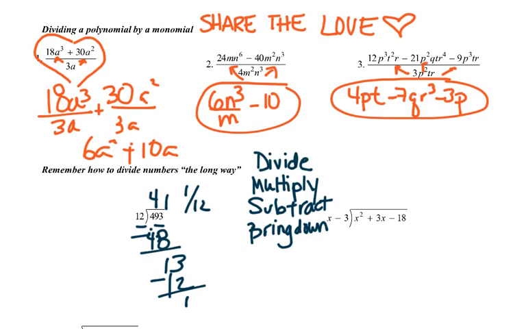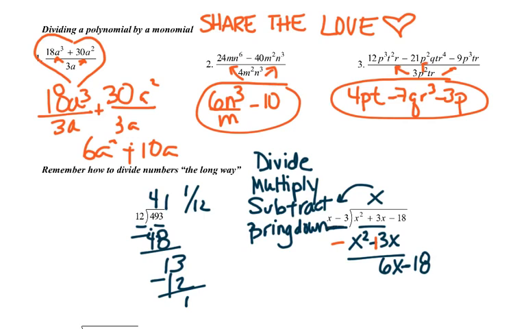So we're going to do the same process, but with polynomials. X minus 3 goes into x squared plus 3x, x times. When I multiply, I get x squared minus 3x. Now when I subtract, I'm going to change both signs. Now I can add 3x and 3x is 6x and bring down the negative 18.